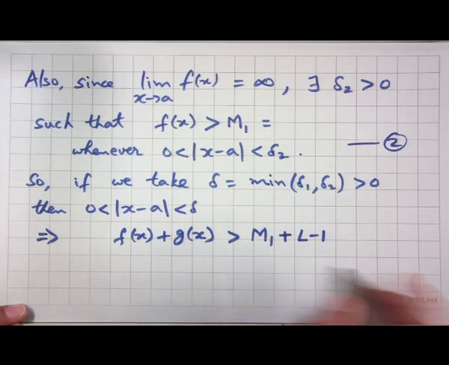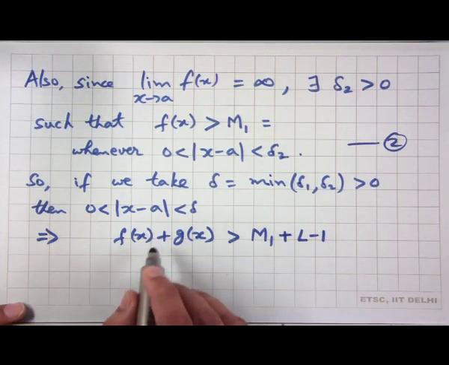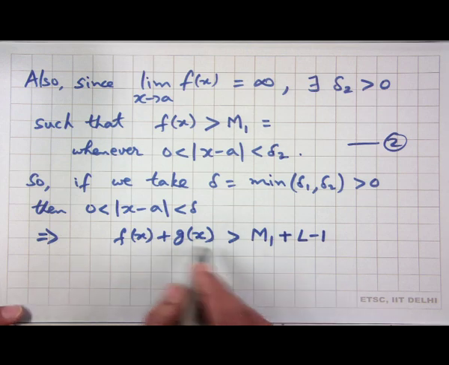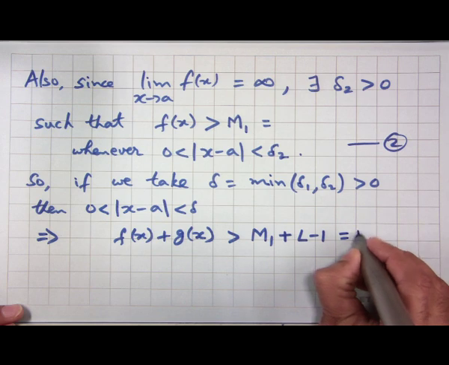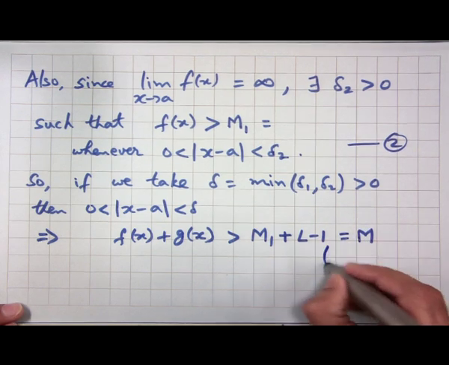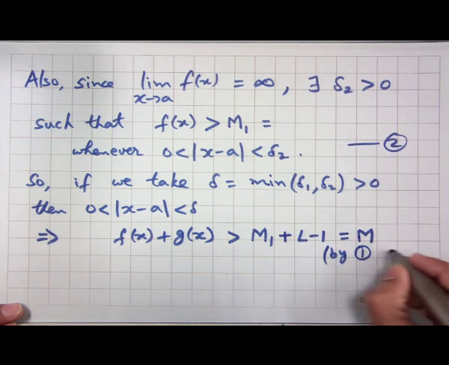But what we want is that f of x plus g of x be greater than m, where m was the given positive number. So, let us write this is equal to m, this is by 1 and 2.